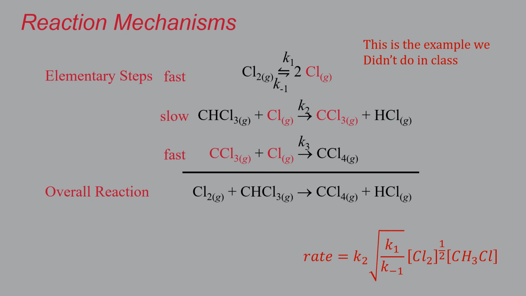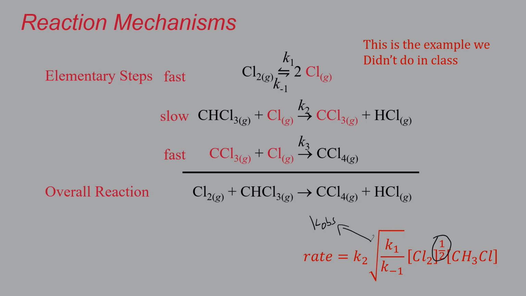So a couple of things I want to point out about this. Non-integer exponents in a rate law actually are allowed. You don't see them that often, but they do come up. And then this whole thing, we could also express, don't forget, this would be equal to K observed.